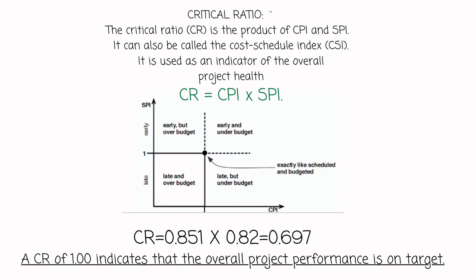So the ideal situation is when the CR is equal to 1. That means whatever we have estimated, we have actually got the result when we monitored, executed on the right date, which is not really feasible in the actual scenario. So we would try to bring the overall performance as close to the value of 1 to have the maximized performance for the project.